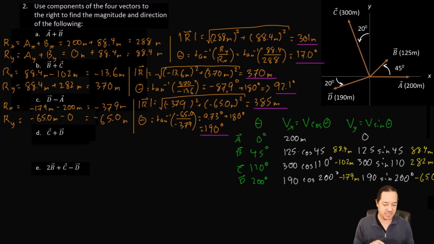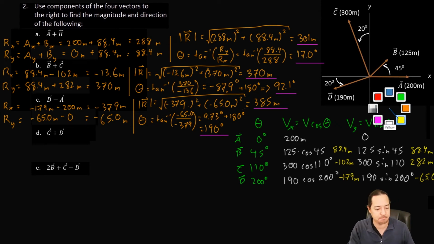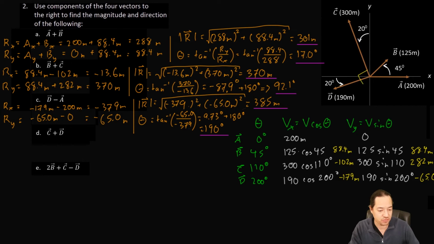Okay, these were all fairly simple. Let's look at C plus D. Now, you can do it the same exact way that we've done it so far. However, by taking a quick look at this drawing, we can see that since C is 20 degrees away from the y-axis and D is also 20 degrees away, we know that this is a right angle.